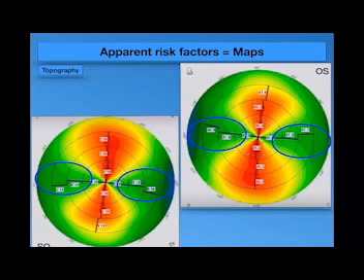So if there is a difference between the superior point and the inferior point of less than 1.5, you can consider that this topography is within normal. If more than 1.5, you will consider this topography abnormal or atypical, because there is inferior steepening of a difference of more than 1.5.